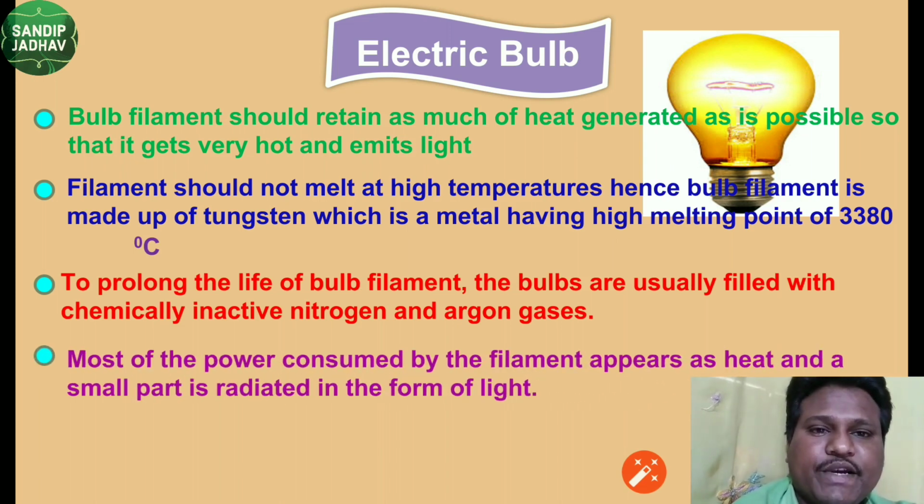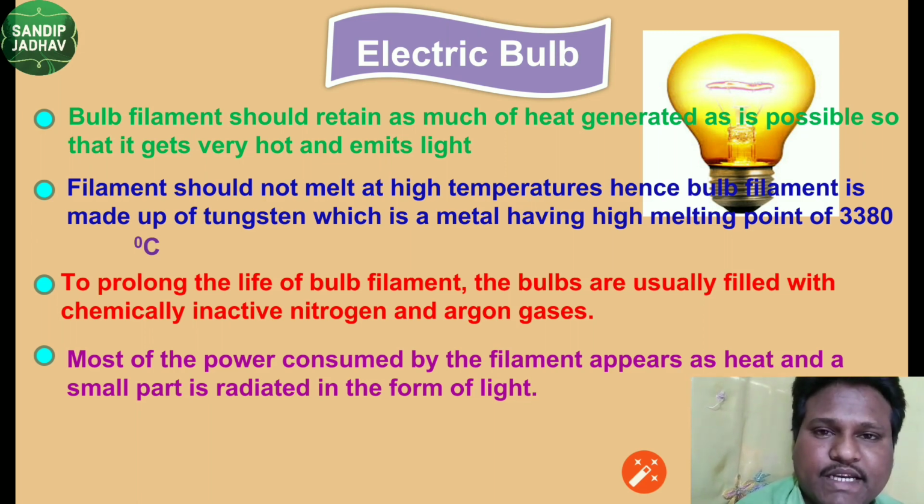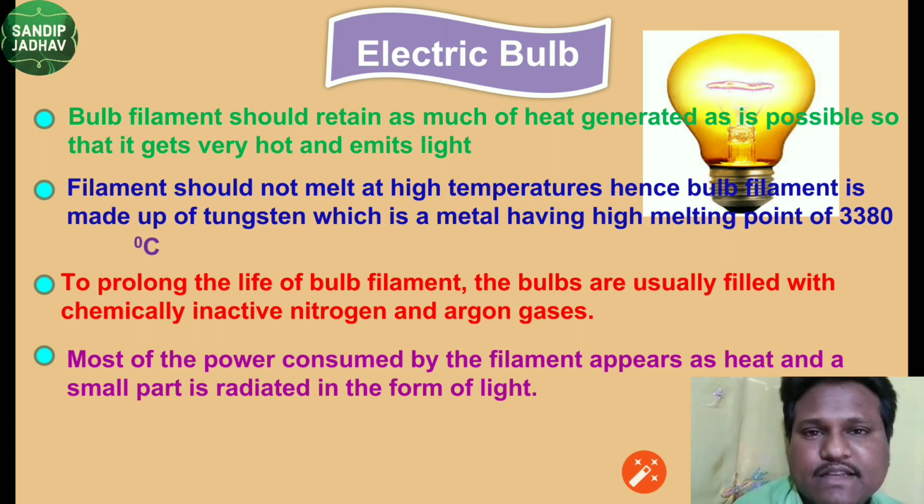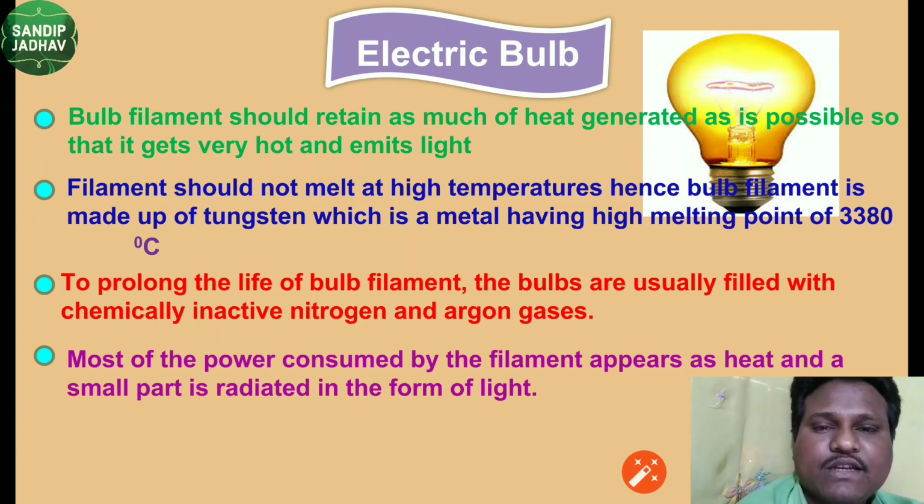And the last point is important: most of the power consumed by the filament appears as heat, and a small part is radiated in the form of light. So there is a continuous transformation of electrical energy into heat and light, but a very small part of the electrical energy is converted into light energy, and a large amount is converted into heat energy.